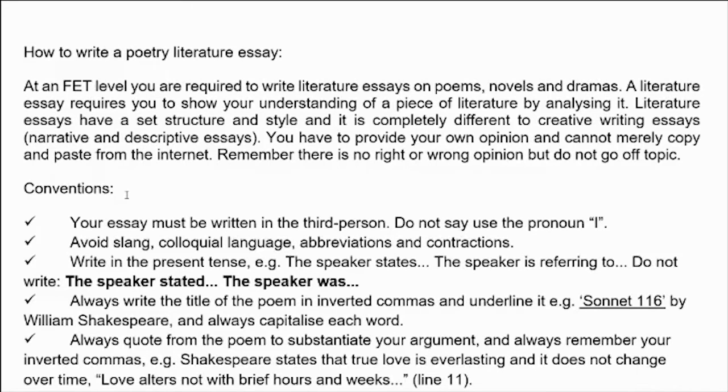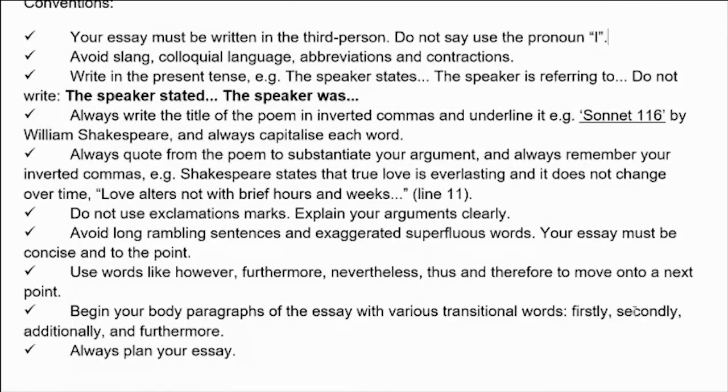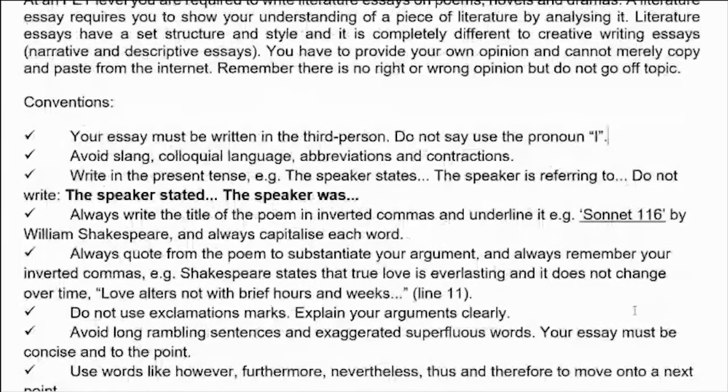So, what are the conventions? What are the tips? What do you need to know before writing this essay? The essay is always in third person, and do not use the pronoun I or we or my. You can't say I agree or I believe or in my opinion. You have to avoid that. Why? Because your essay needs to be objective.